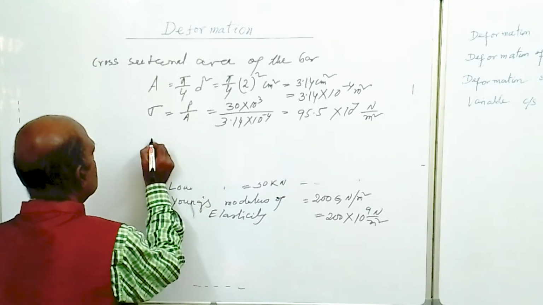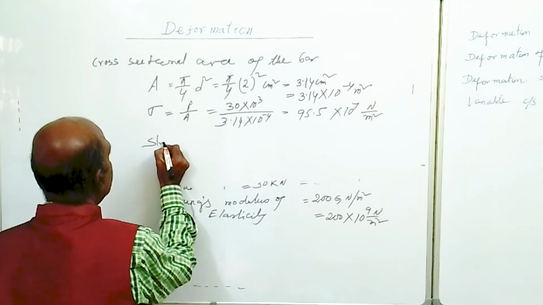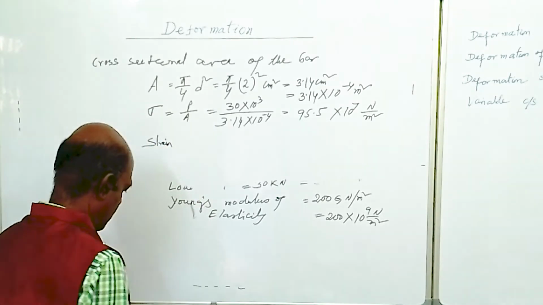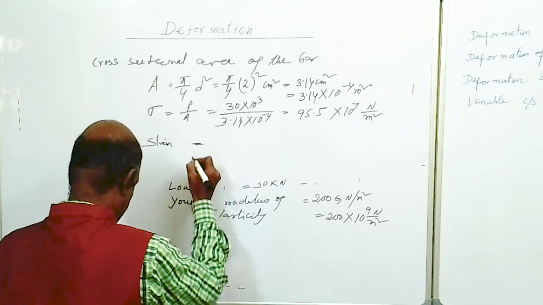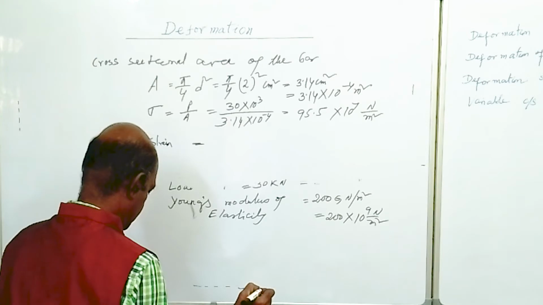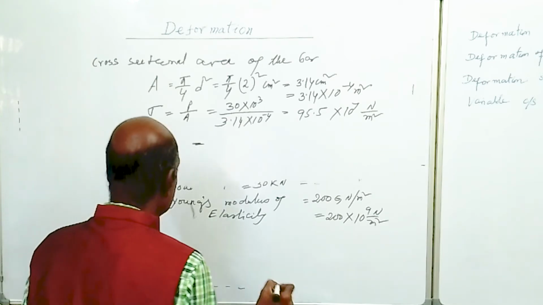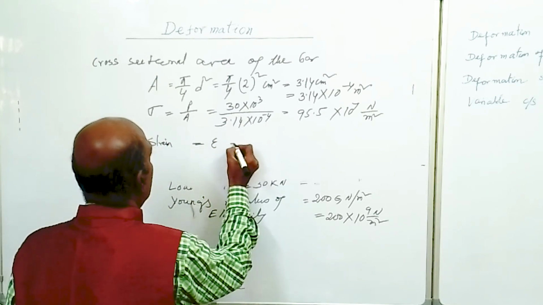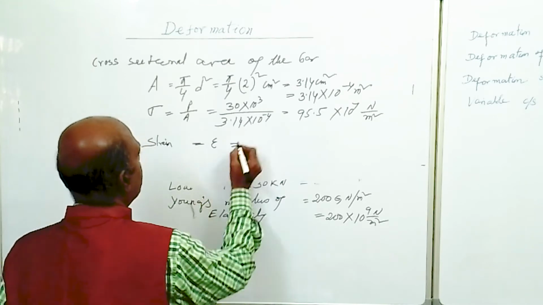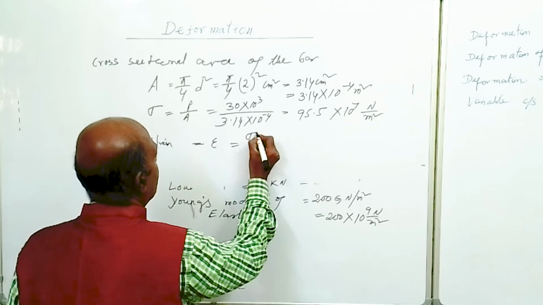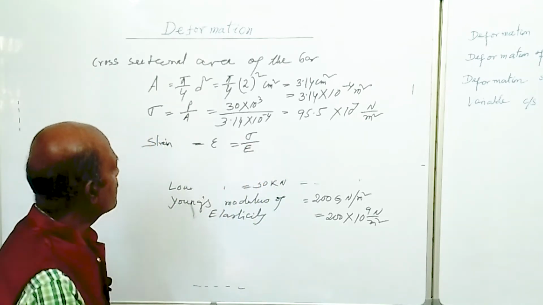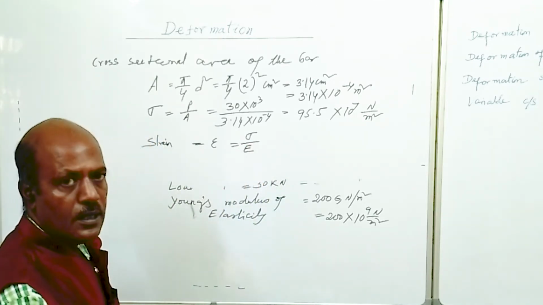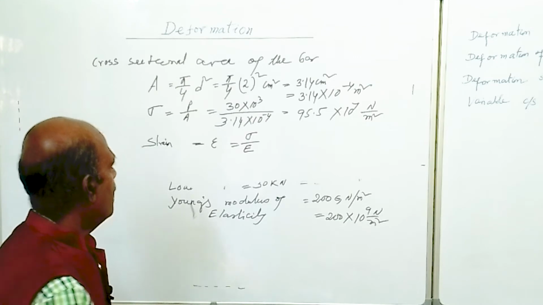And now the strain developed in the bar, epsilon, is equal to sigma by E, that is intensity of stress divided by Young's modulus of elasticity of the material of the bar.